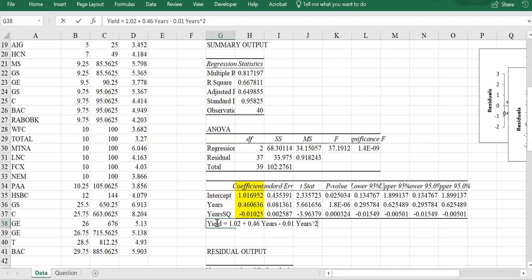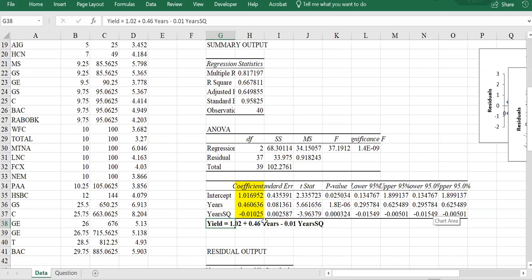For squared, you can use power 2, or you can simply type squared, but make sure it's clearly specified that this term is the squared factor of years.